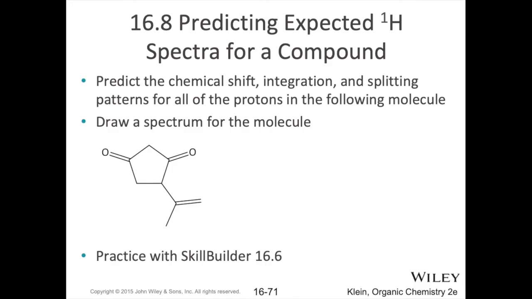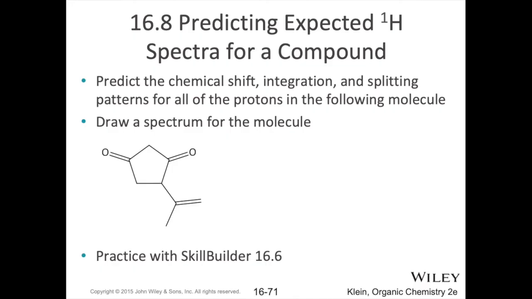What's the integral of each of those shifts, so how many protons do they represent? And any splitting pattern you might expect for those sets of peaks. Go ahead and write that out, pause this video, and I'll come back with hopefully a spectrum of what that looks like.